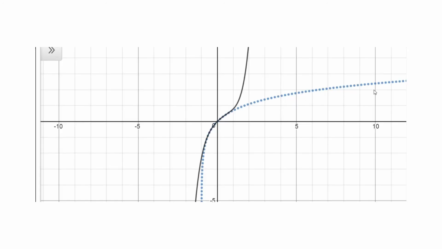So here we go. The dotted line is the graph of natural log of x plus 1, and that's that function there. And this solid black line is our Taylor polynomial, which we calculated. And as you can see, it was asked to be calculated at 0, and at x equals 0, our function is very accurate. So we can be very happy with that.